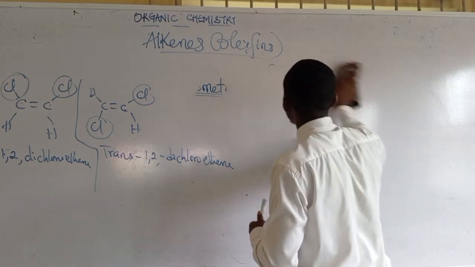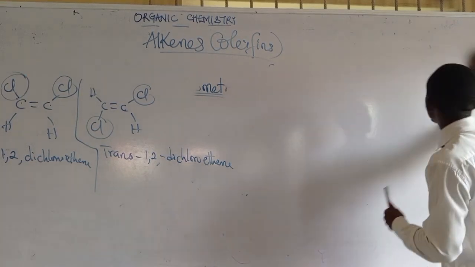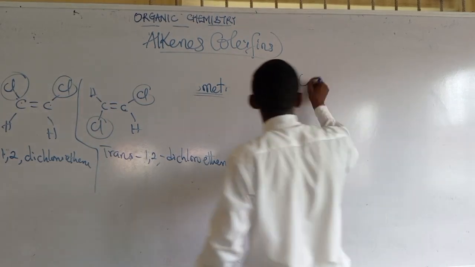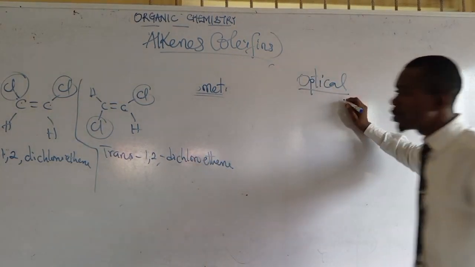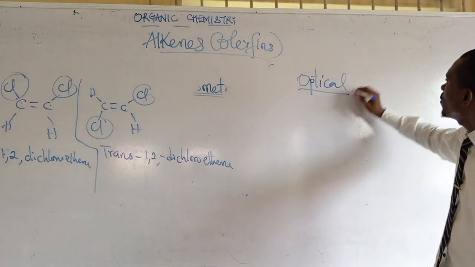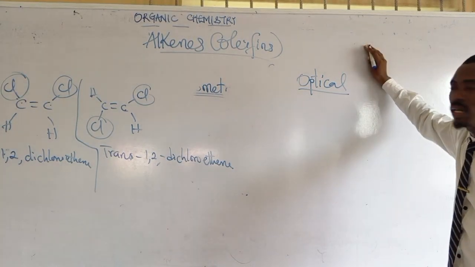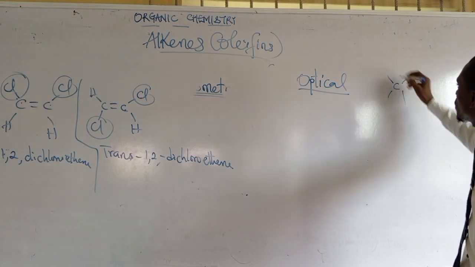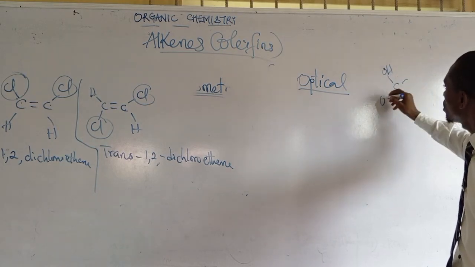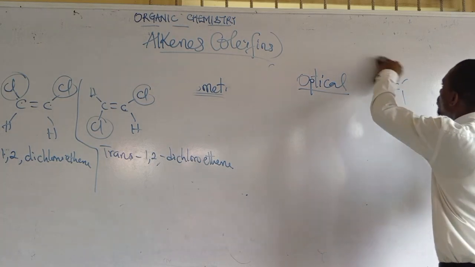Still speaking on isomerism, there's another type of isomerism known as optical isomerism, which occurs in compounds that have a chiral center. A chiral center simply means a carbon bonded to four different groups.